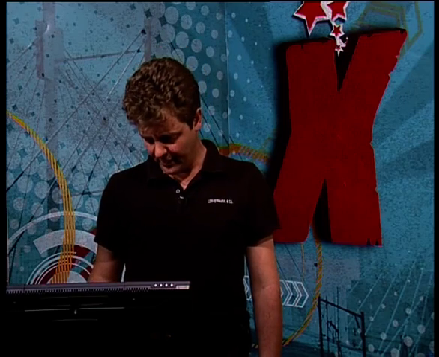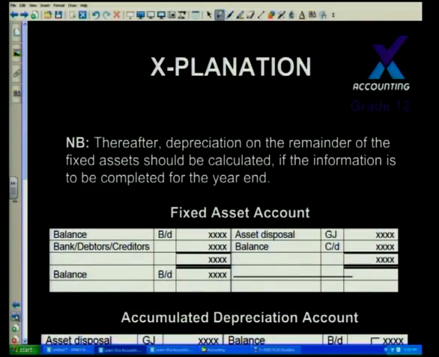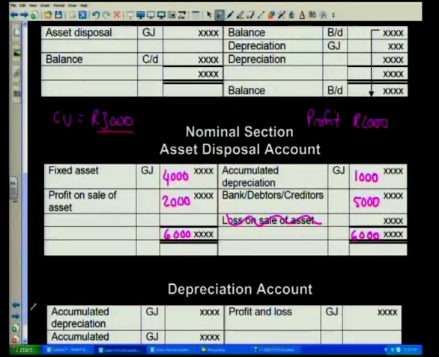What will then happen is we will debit the asset disposal account or credit the profit on sale of assets account. Often in a question, the question will leave out one of the four numbers in the asset disposal account. So sometimes the question will not require you to work out the profit on the sale or the loss on the sale. Sometimes the question will give you the profit on the sale or the loss on the sale.